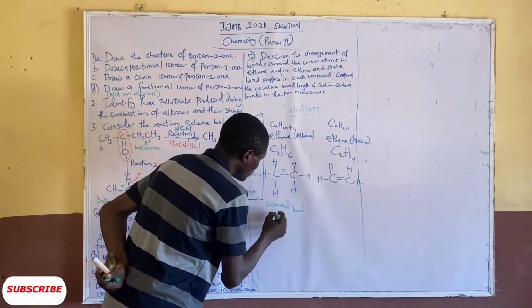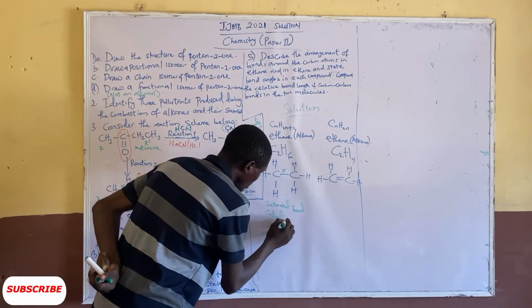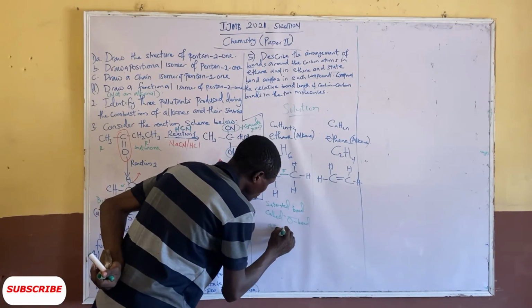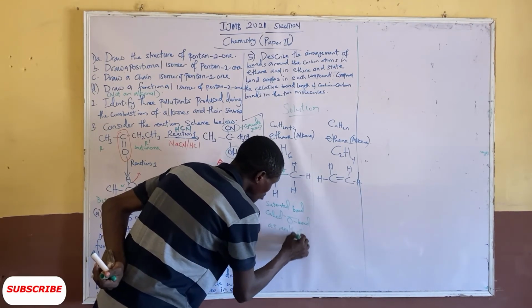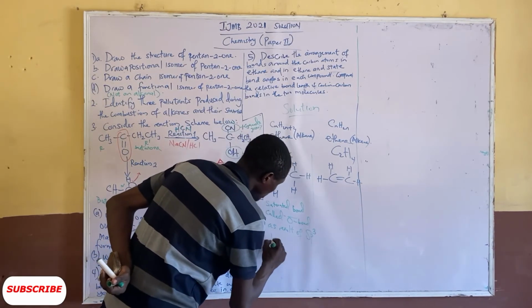Ethane has a saturated bond, called a sigma bond, as a result of sp3 hybridization.